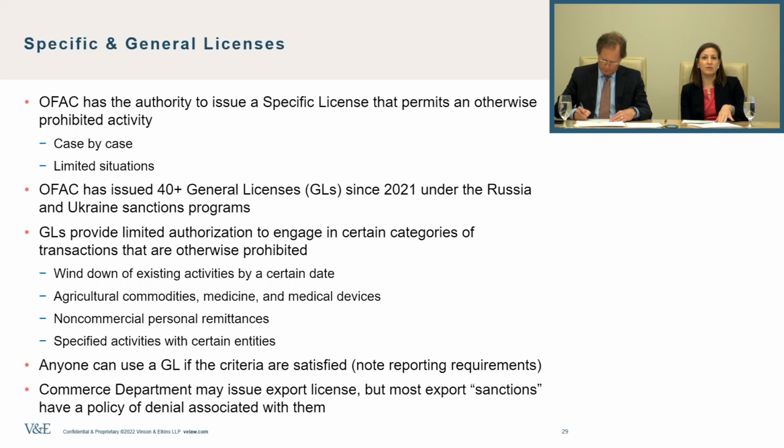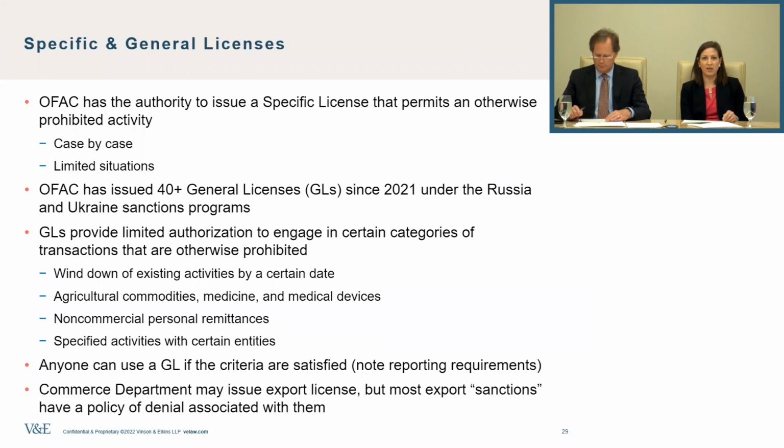General licenses include a limited authorization to engage in, again, certain categories of transactions that are otherwise prohibited. But unlike a specific license, it's available to anybody who meets the criteria for using the license, and you do not need to go to OFAC to ask for permission to use it, as long as you meet the criteria and comply with any reporting requirements that are necessary to allow use of the general license.